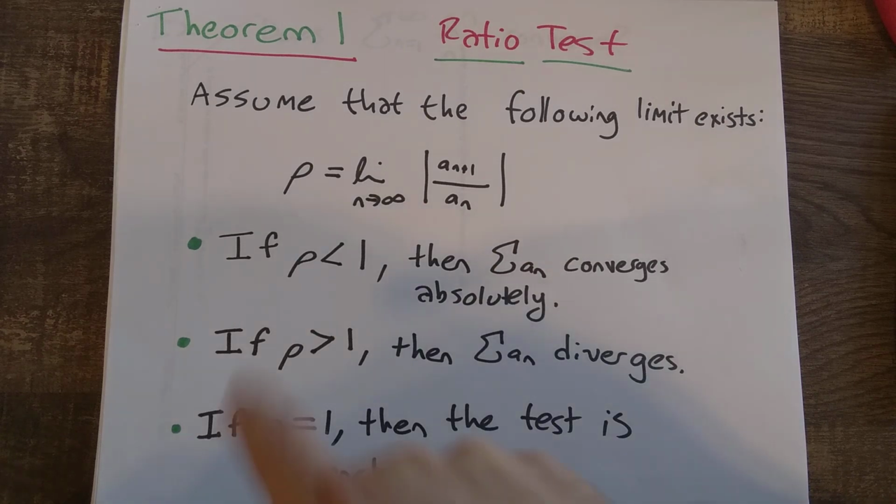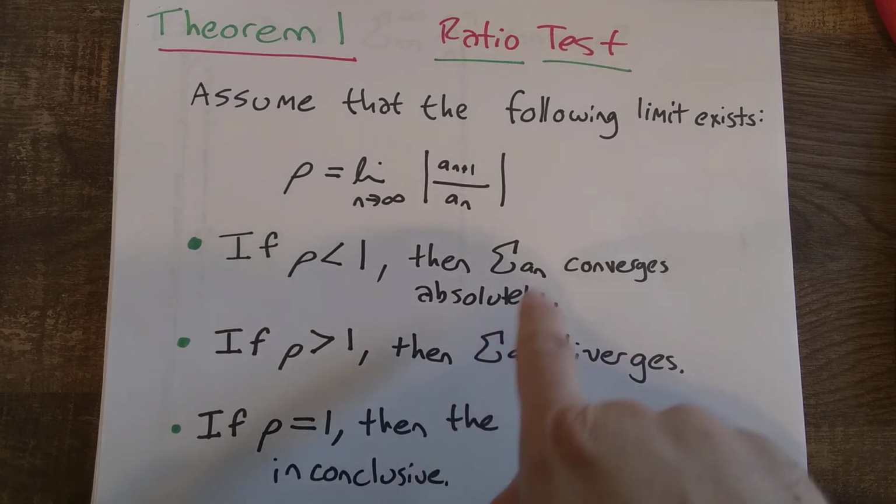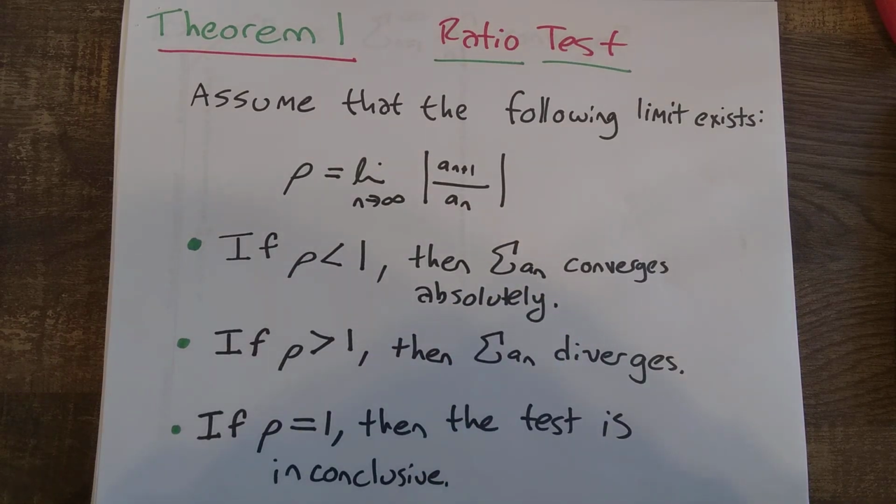And so there's three cases. If rho is strictly less than 1, then the series, the sum of the a_n's, converges. And note that this doesn't just say that it converges, but it converges absolutely. That is the strongest form of convergence.